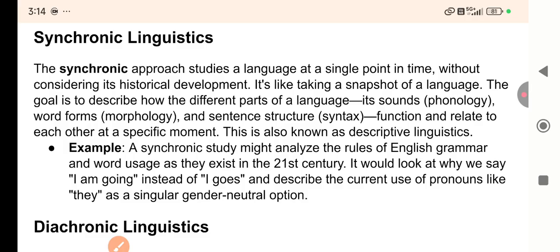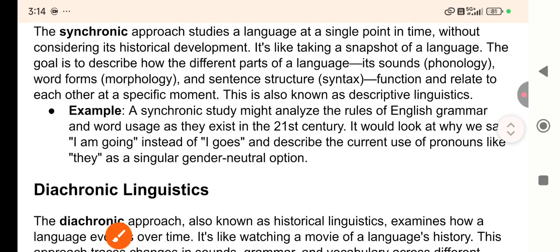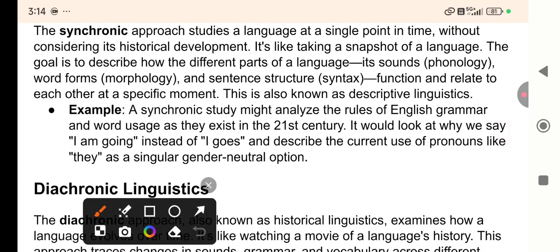So a single point of time means you study what is going on in the language at present, without considering its historical development. You don't want to discuss its history and how the English language developed.